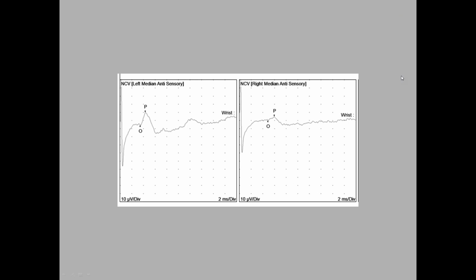I mean, you guys are doing cases. Go ahead, Kajal. And when you compare it, it looks like the right side has demyelinating and axonal pathology. Decreased amplitude and just okay. So you notice, good.